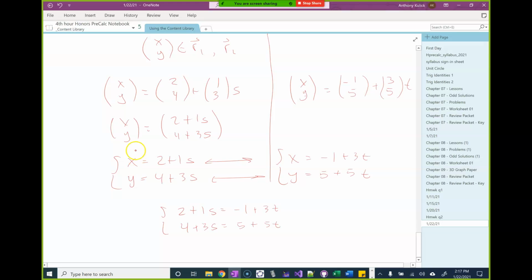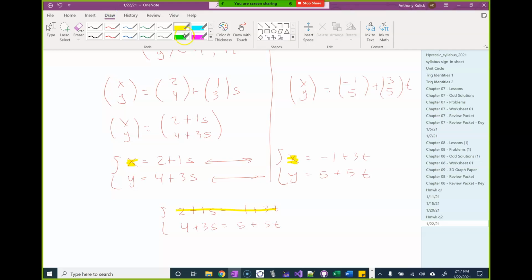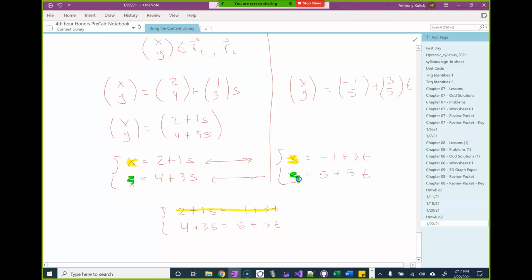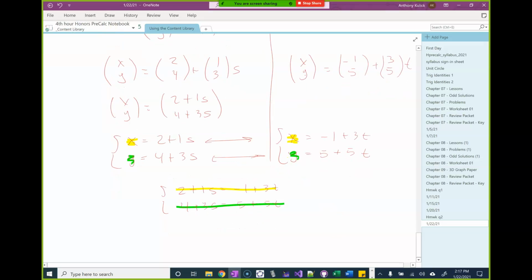So I set those x's equal to each other to get this equation. Similarly, I set these y's equal to each other to get this equation. And now we can just rearrange this to get it into a good form to solve. So subtract the 3t to one side and then subtract the 2 to the other side to get the variables all lined up. So there's my system. What's going to be the easiest way to solve this system?